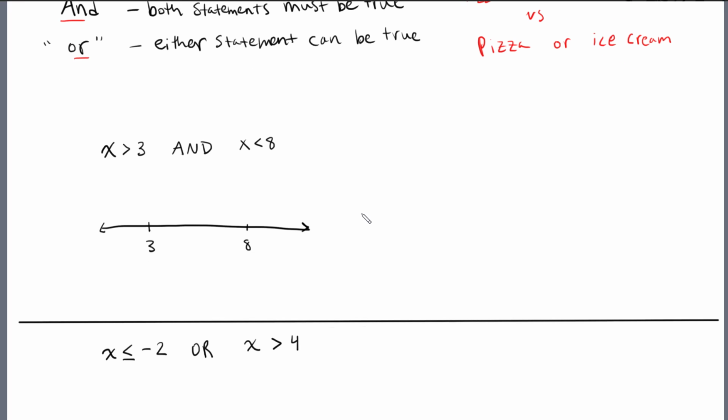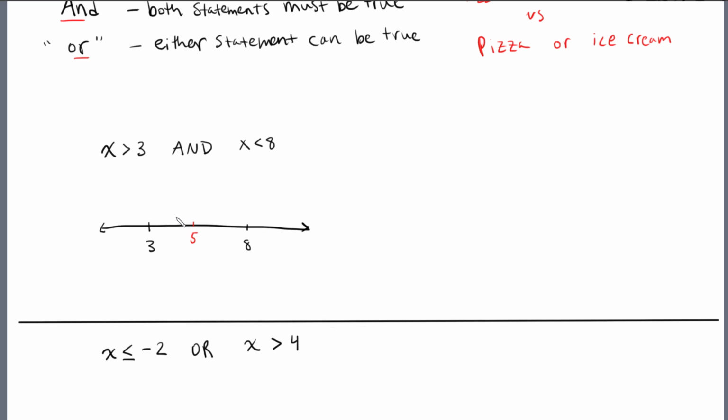So if I'm looking at this statement that says x is greater than 3 and x is less than 8, okay, let's think about what part of the number line that falls on. So if I pick a number that's in between 3 and 8, say 5, well, 5 is bigger than 3 and it's less than 8, so that means that it must be the part in between.